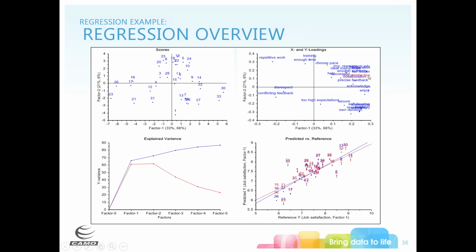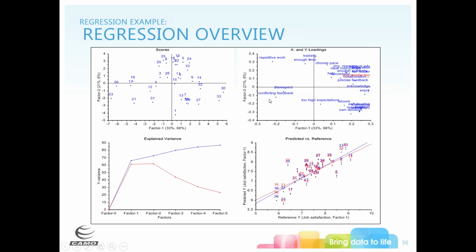And if we interpret this, your satisfaction is very correlated to whether they enjoy their work, they get acknowledgement for their work, they get to make their own decisions, and then it's anti-correlated to repetitive work and conflicting feedback and disrespect, which makes sense.